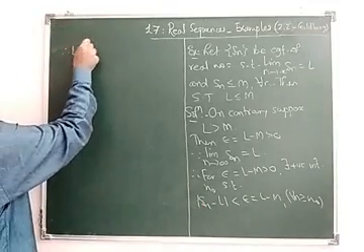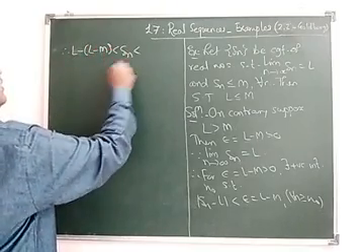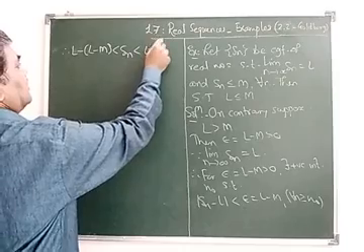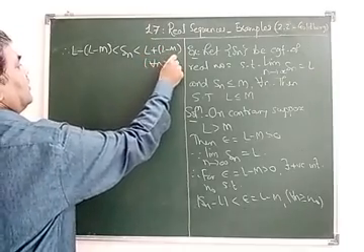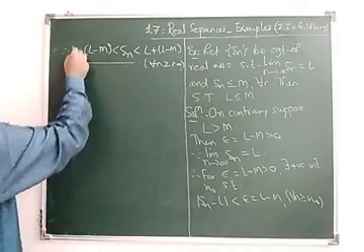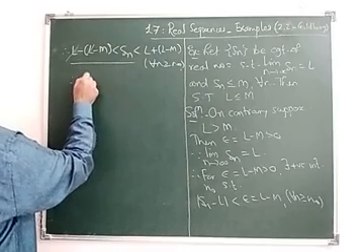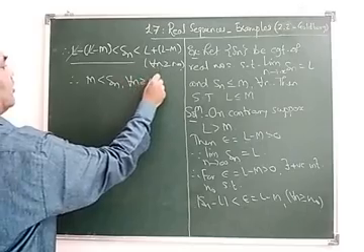Means L minus (L minus M) is less than Sn is less than L plus (L minus M), for any n greater than or equal to n naught. Now we'll only take this part. So this L gets cancelled and we get M is less than Sn for every n greater than or equal to n naught.